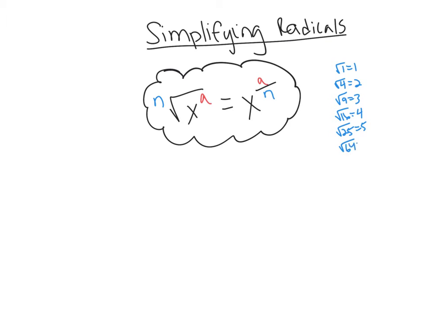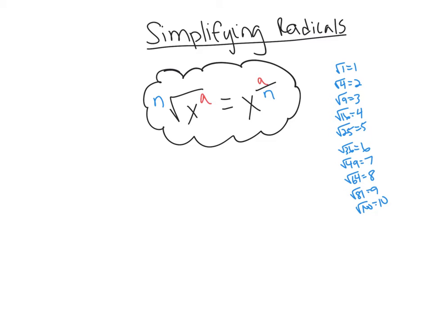Square root of 36. My bad, just making sure you're paying attention. Square root of 36 is 6. Square root of 49 is 7. Square root of 64 is 8. Square root of 81 is 9. And square root of 100 is 10.